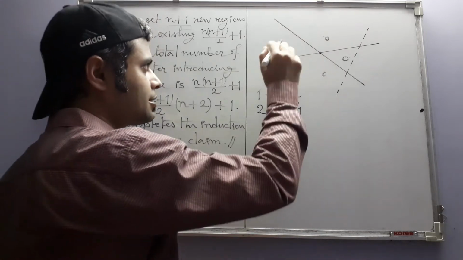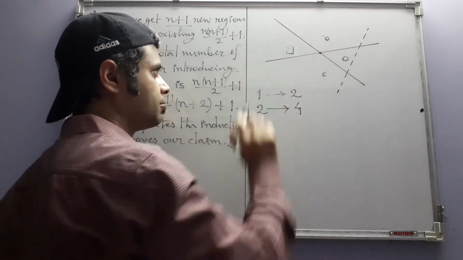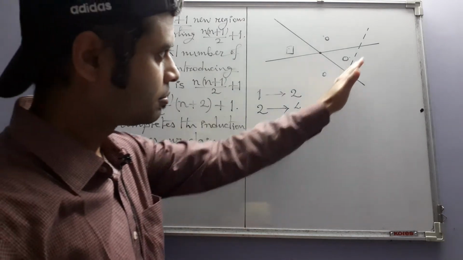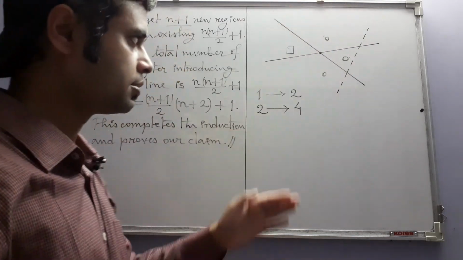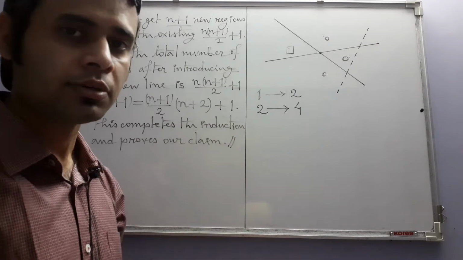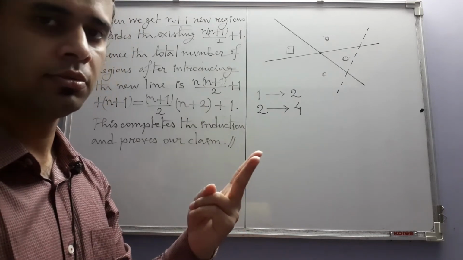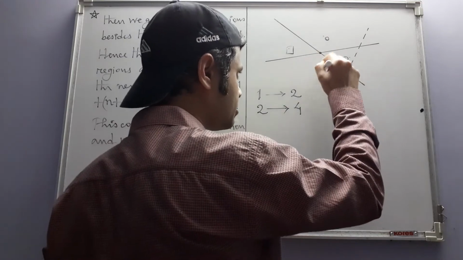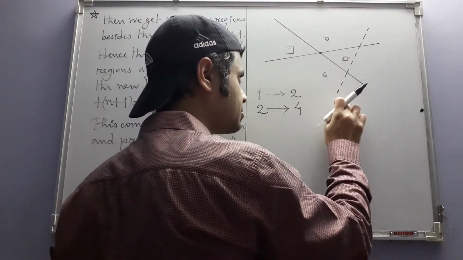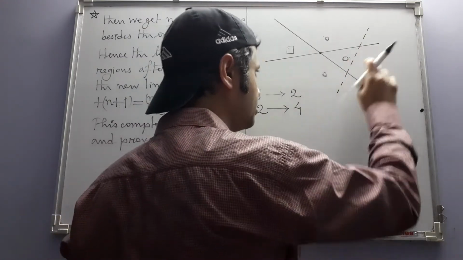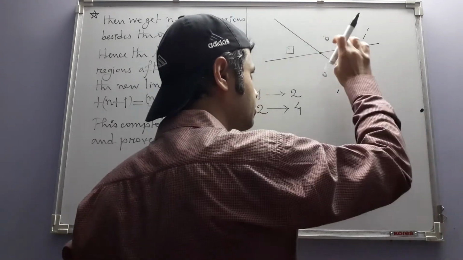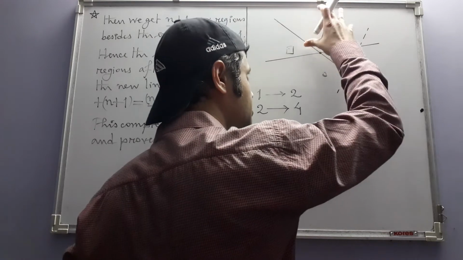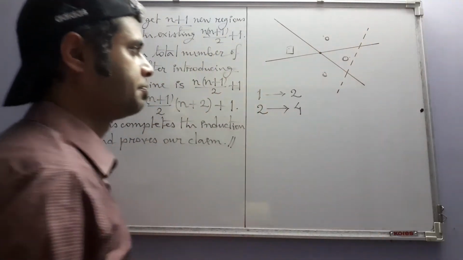But it has missed one region. And while passing through these 3 regions, it has divided each of these 3 regions into 2 parts. This has divided this region into these 2 parts. This region into this part and this part. This region into this part and that part.